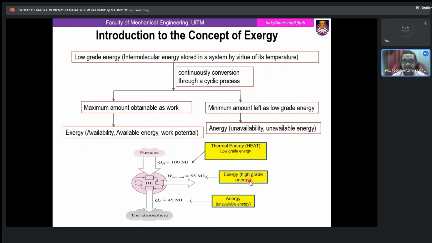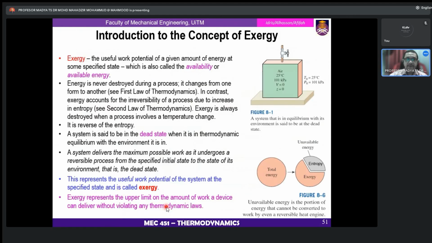For exergy, high grade energy comes out as net work. But the unavailable energy, named anergy, refers to QL, or heat at low temperature.